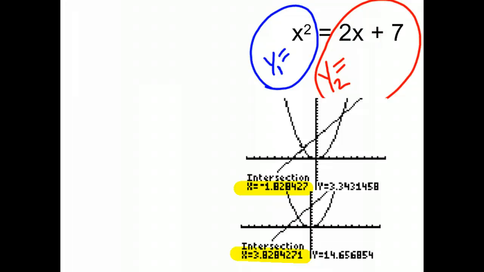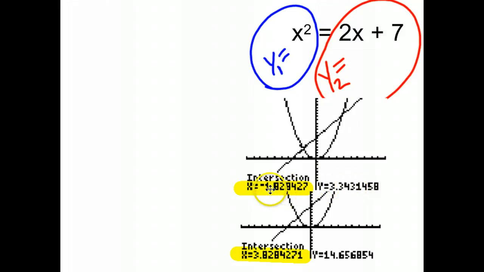If you're wondering what's the significance of the y values, if I were to take, let's say, this first x value, -1.828427, and plug it into the left-hand side of the equation, basically squaring it, I would get 3.343, this y value.